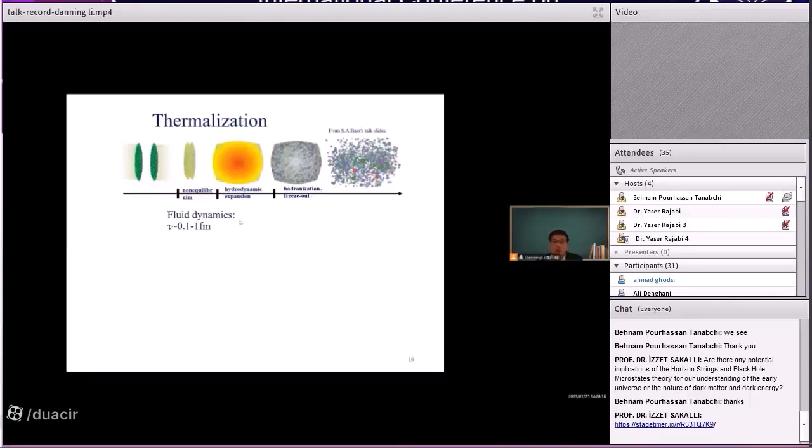From the hydrodynamic simulation, the first non-equilibrium stage reaches local equilibrium at a time of order 0.1 to 1 fm. But this is much faster than the perturbative estimation.